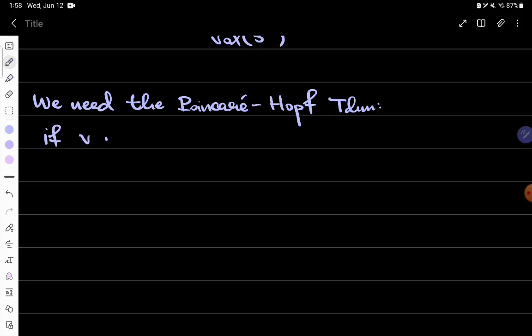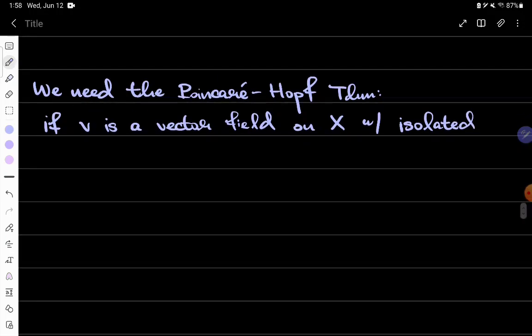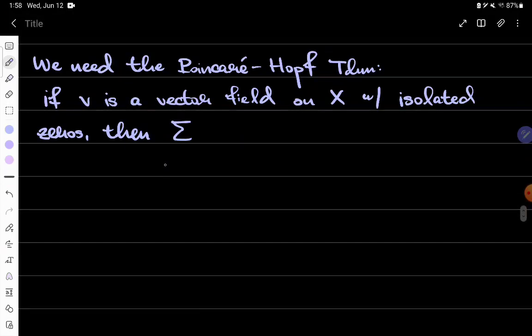If V is a vector field on X with isolated zeros, then the sum of the indices at the points where V is 0, right?